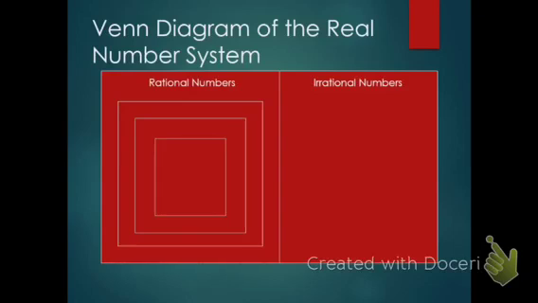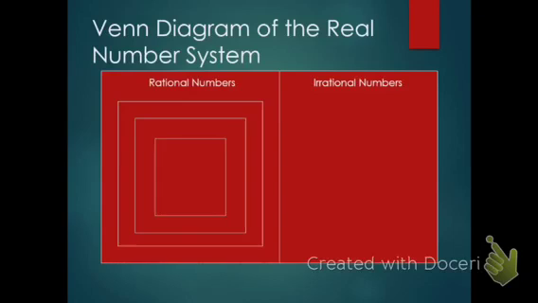Here is an example of how a Venn diagram of the real number system looks. If you notice, there is a large rectangle. That large rectangle is split into two smaller rectangles or squares. To the left is rational numbers, which has 3 subsets, and to the right is irrational numbers, which has no subsets.